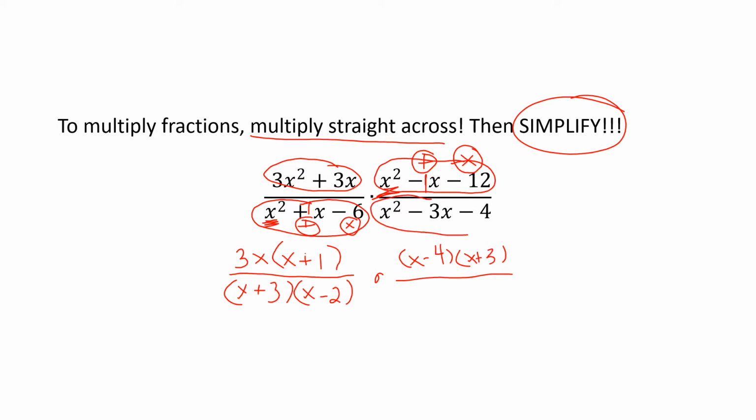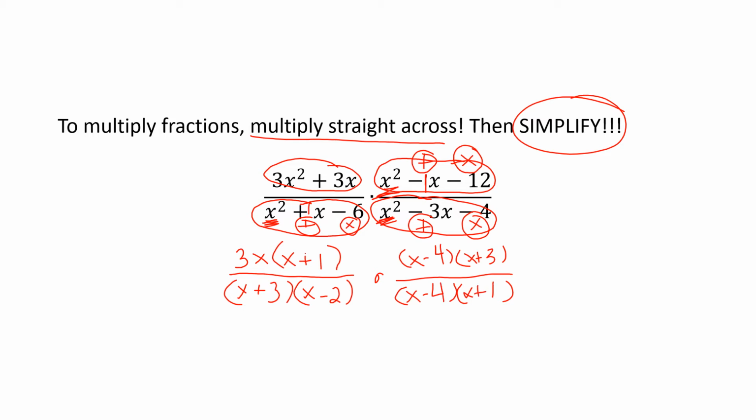And then on the bottom, again, I have 3 terms. I know that an x times x will give me that x squared, but for the other numbers, I need to know what multiplies to negative 4 and adds up to negative 3 in the middle. So that would be a negative 4 and a positive 1.